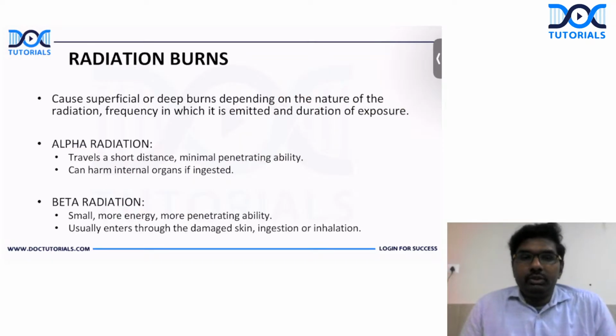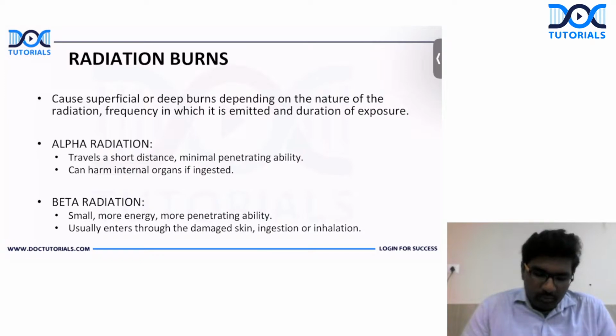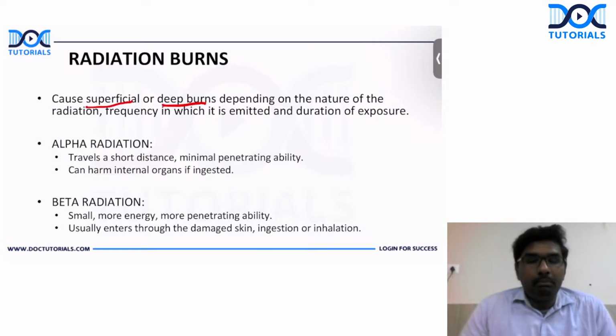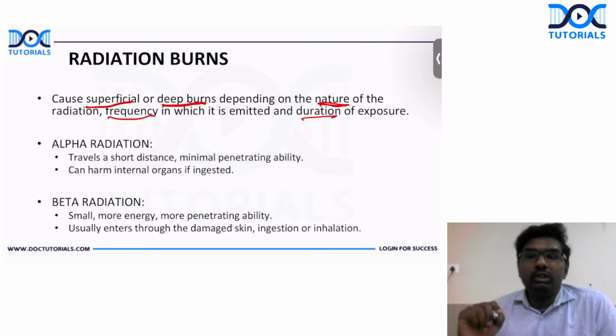Coming to the radiation injury, radiation exposure can cause either superficial burns or deep burns. This depends on the nature of the radiation, whether it is alpha radiation or beta radiation, the frequency at which it is emitted, and the duration of exposure.